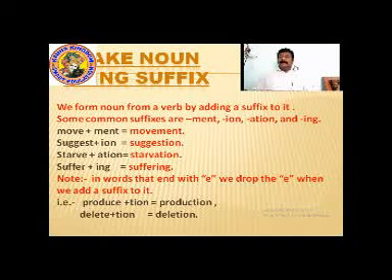Look at the examples: move plus ment becomes movement. Suggest plus ion becomes suggestion. Star plus ation, starvation. Suffer plus ing, that's suffering.